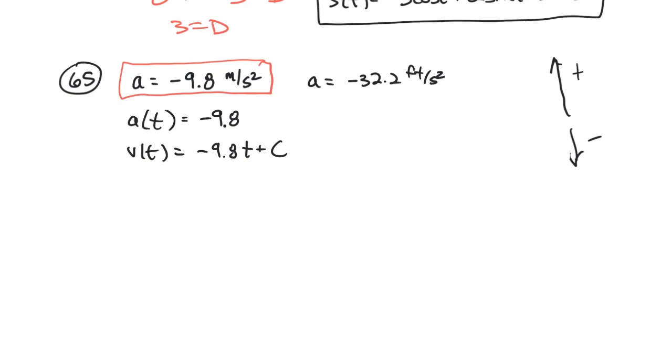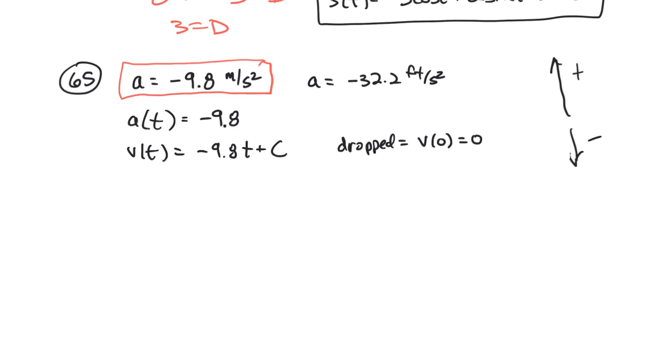So to figure this out, we have to think about what we're doing with this problem. It says that a stone is dropped. Since the stone is dropped, we need to know something about that word. Dropped means the velocity initially is 0, right?